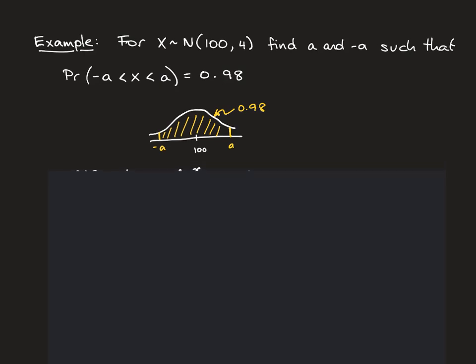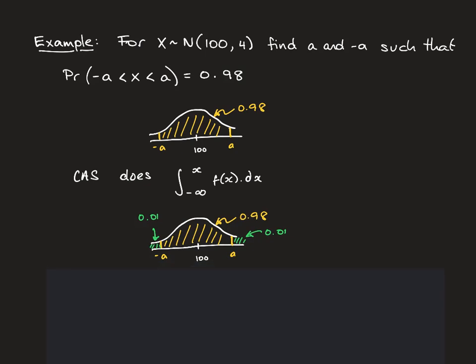So what we need to do is remember that our CAS does from negative infinity up to a particular value, and so what we need to do is to find out how much this little area here is. So if the bit in the middle is 0.98 and the whole thing has to add up to 1, then the leftover bit, which is 0.02, is split in half to give you 0.01 on this side and 0.01 on this side.